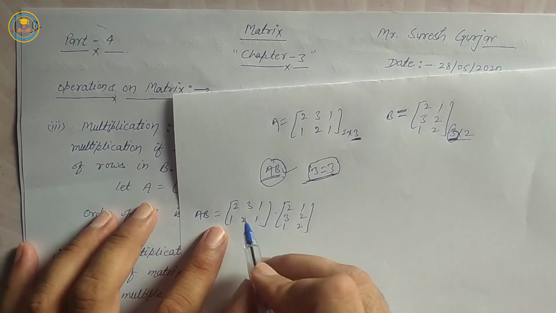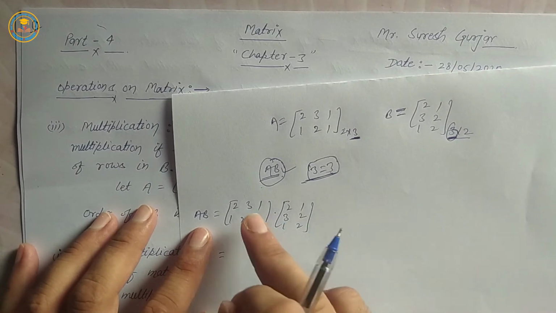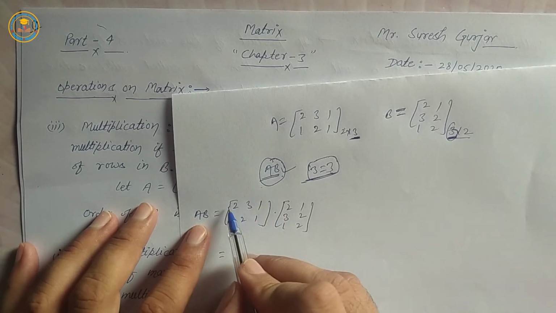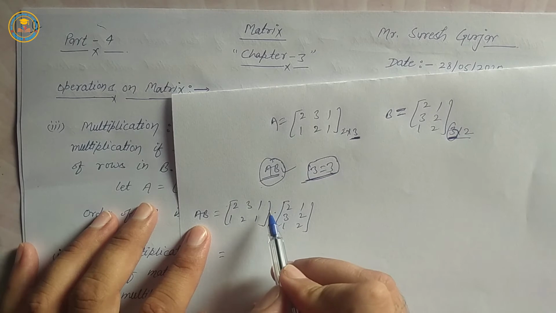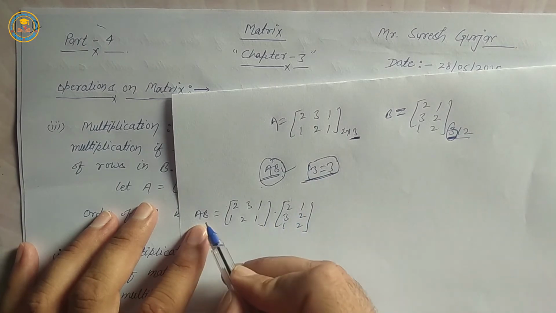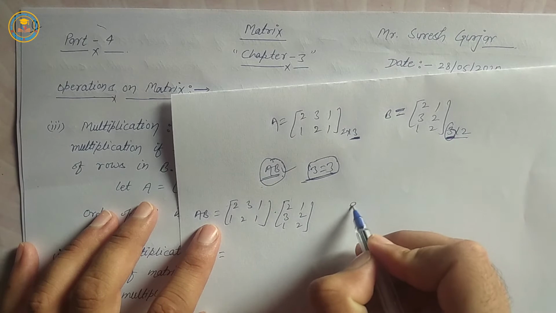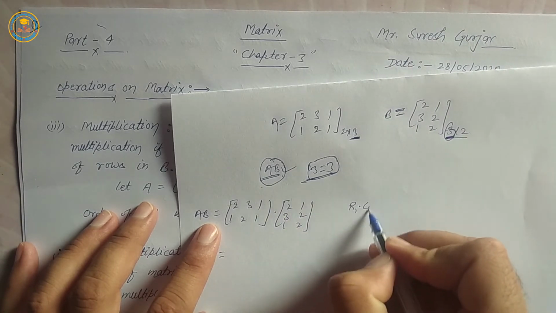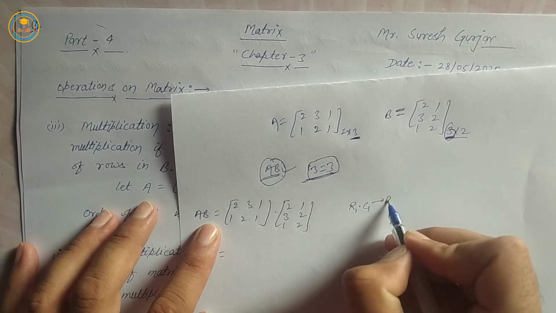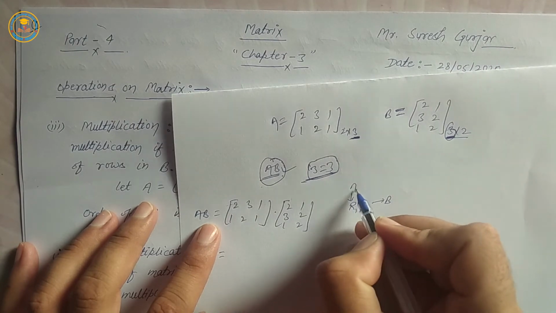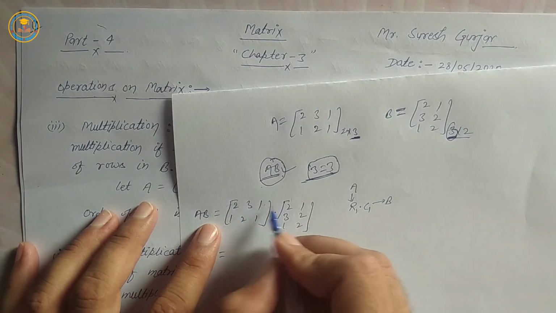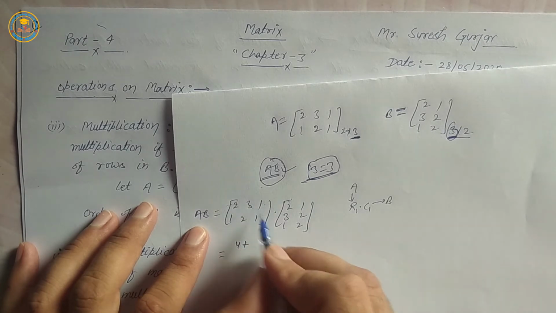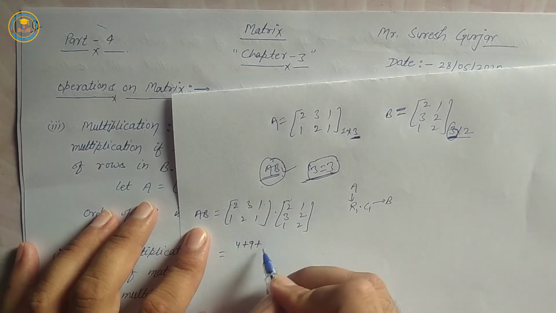Rules of multiplication: first row of matrix A into first column of matrix B. It means R1 into C1: 2 into 2, 4, plus 3 into 3, 9, plus 1 into 1, 1.